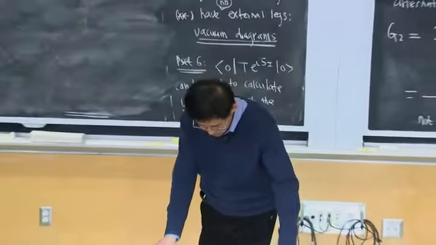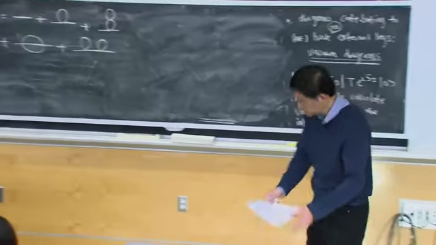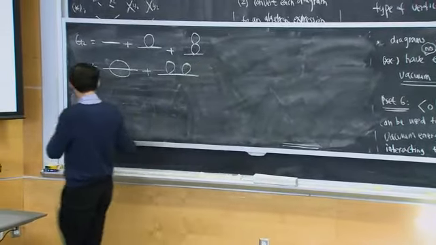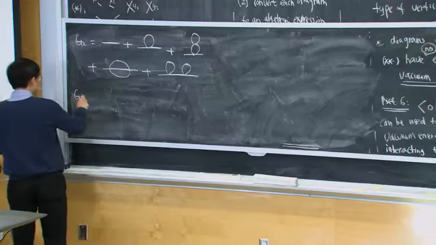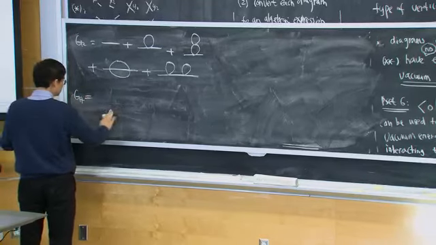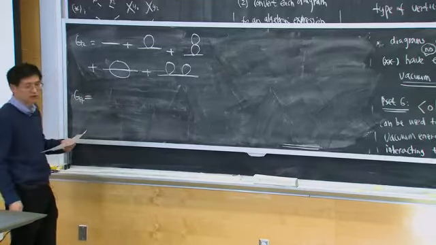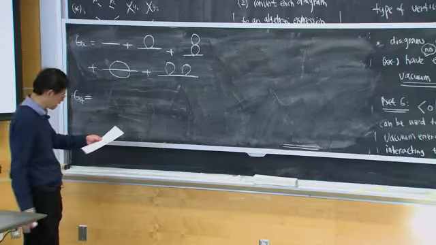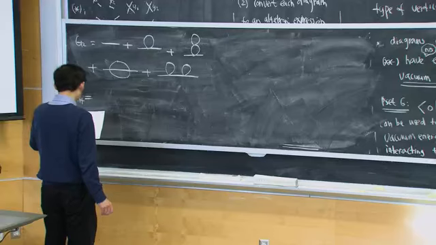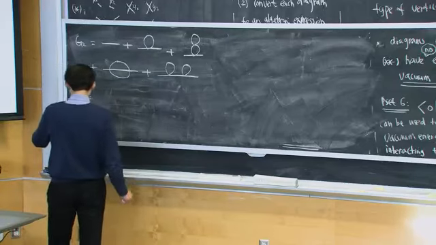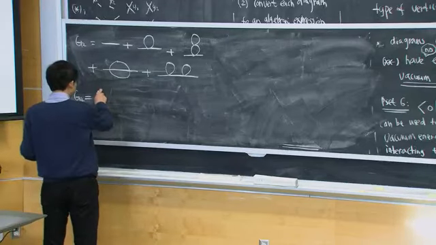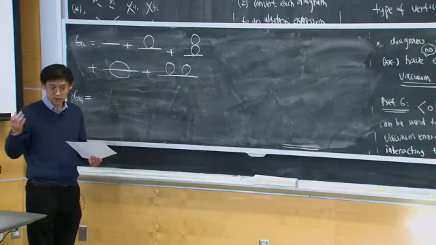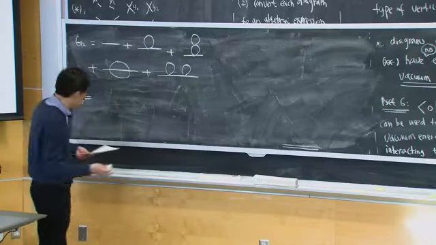Good. So let's do another example, for the 4-point function. Now it becomes much easier because you have much fewer diagrams to consider. At the 4-point function level, you first have your free theory terms.